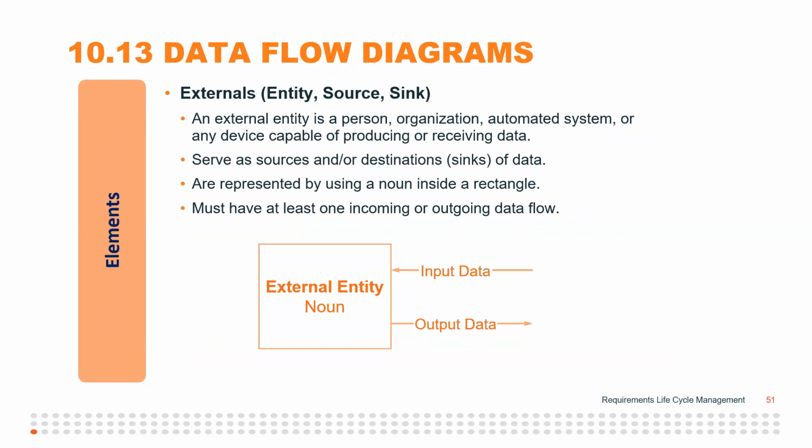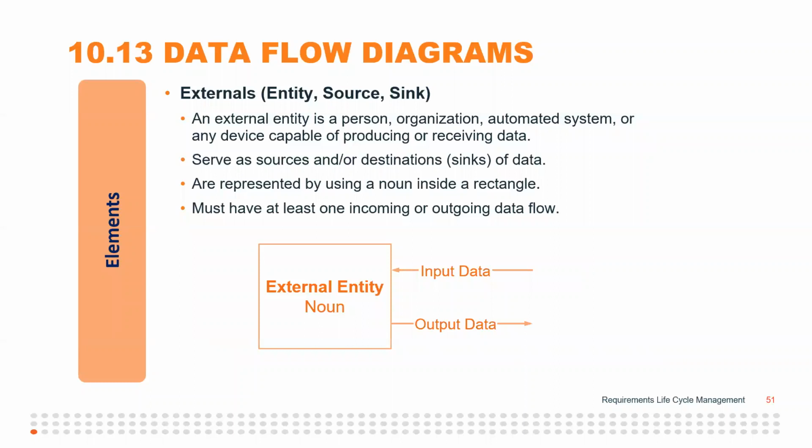So anyway, the elements are the externals, which are the entity, the source, and the sink. An external entity is a person, organization, automated system, or any device capable of producing or receiving data. Externals serve as sources and or destinations, which are known as sinks, of data.